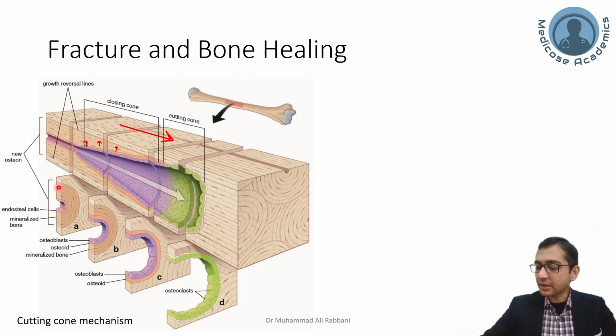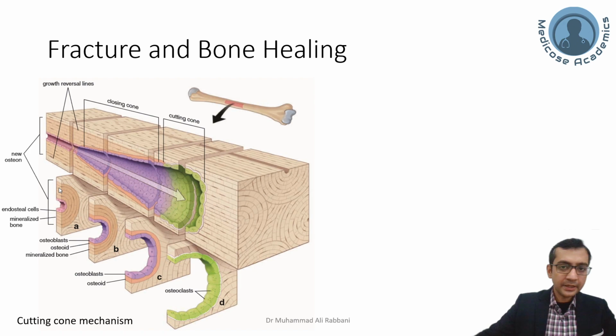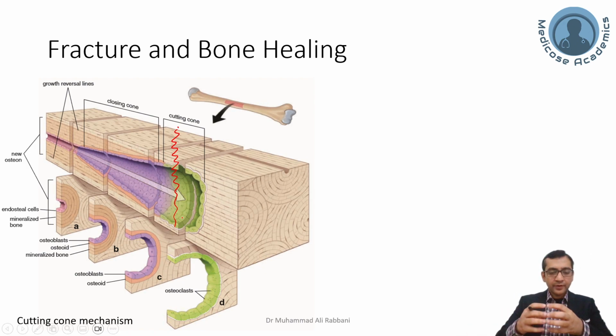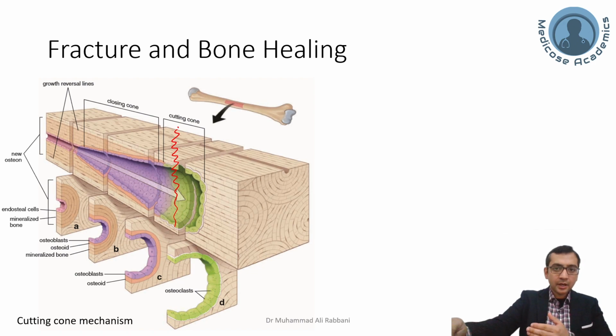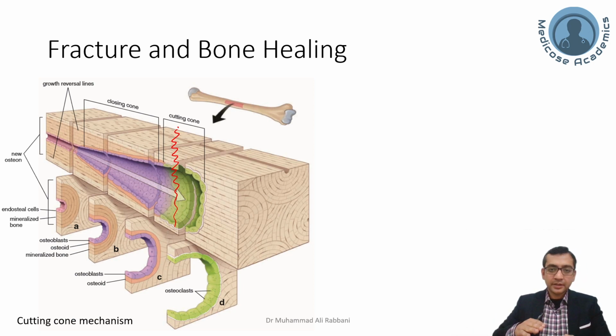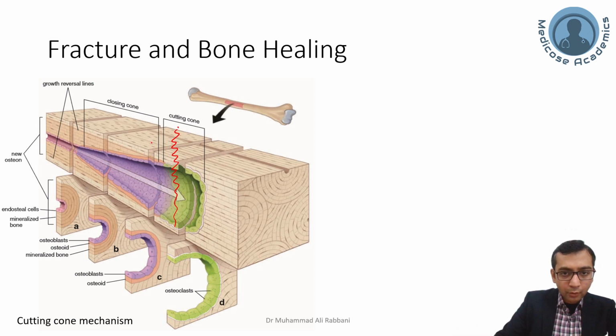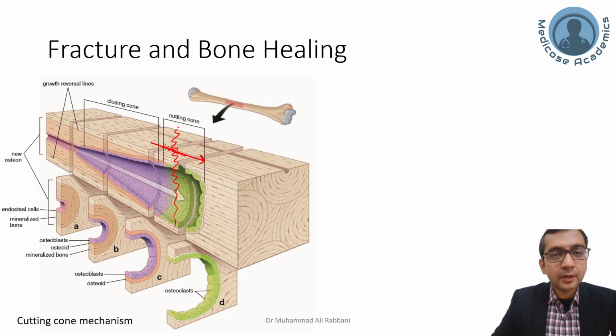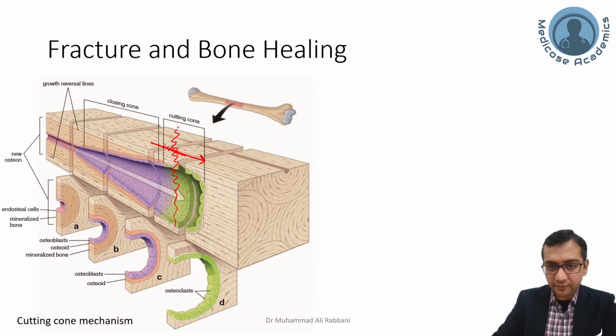So if the bone was fractured, let us say it was fractured right here, and the bone was perfectly aligned without leaving any gaps, these cutting cones, these tunneling mechanisms, simply cross the cutting edge and fill it up behind it, and there is one filled cone that is now across the fracture site.